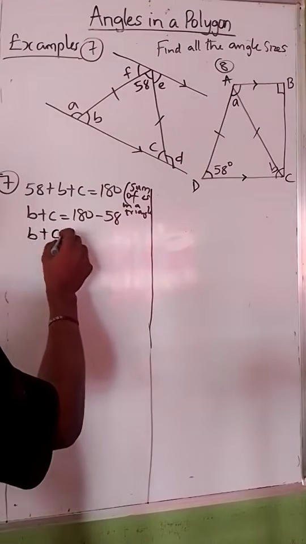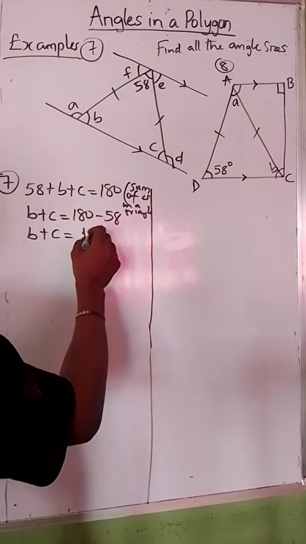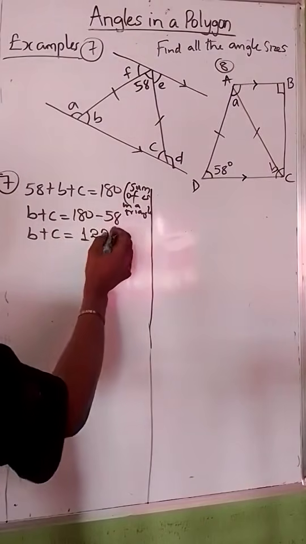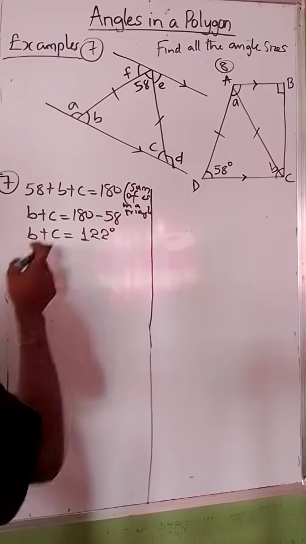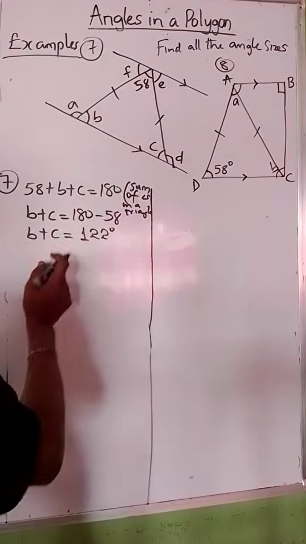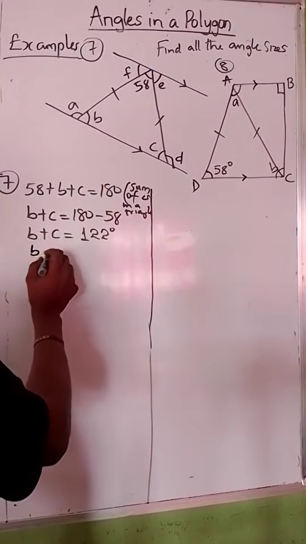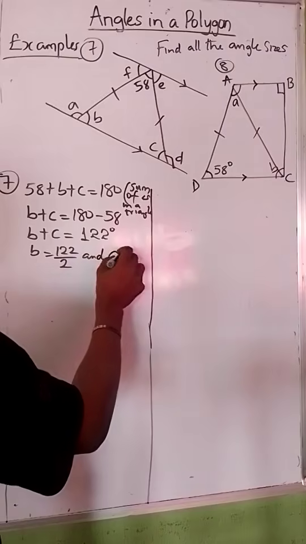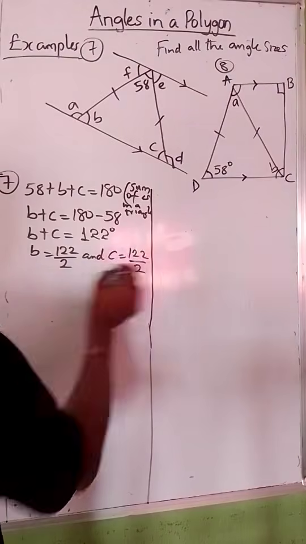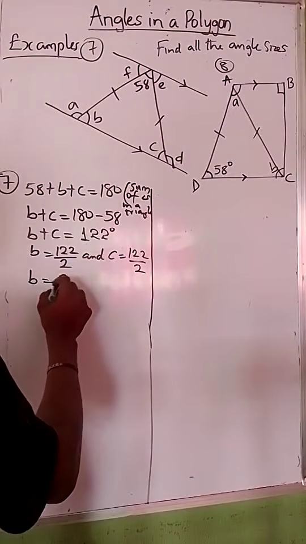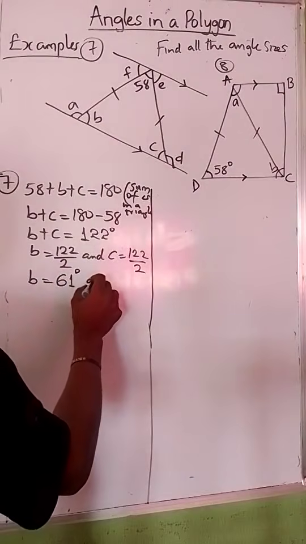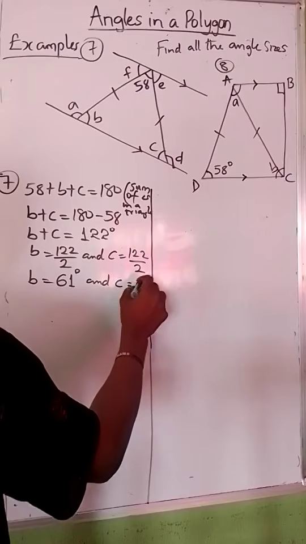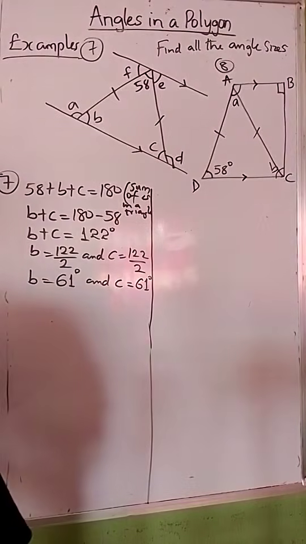B plus C equals 122 degrees. Since B and C are equal, you just divide the answer by 2. B equals 122 over 2, and C equals 122 over 2. So our B equals 61 degrees and our C equals 61 degrees.